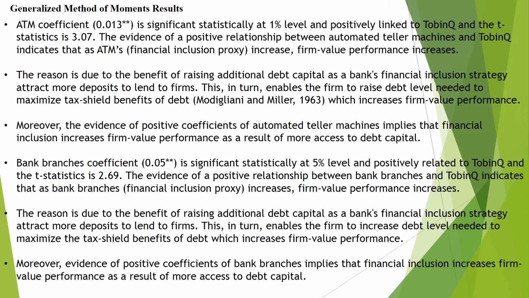It will in turn bring about increased debt levels, which the firms will use to increase their performance by maximizing the benefit of tax shield, just like that of the ATM.